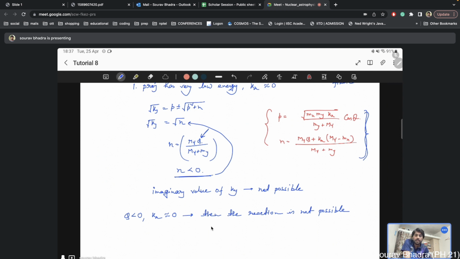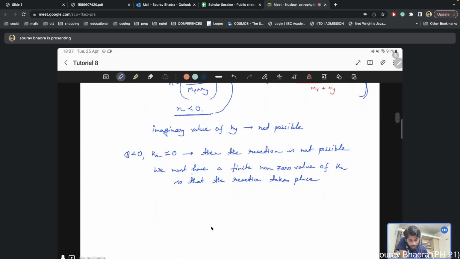That tells that we must have a finite non-zero value of kx, that means the projectile energy, so that the reaction occurs. The reaction takes place.